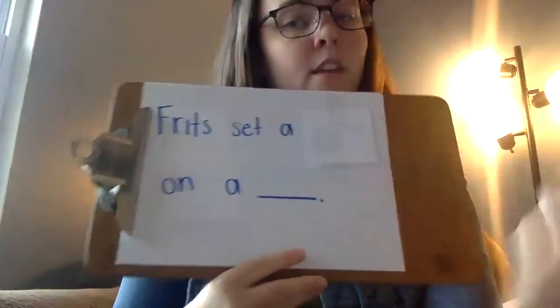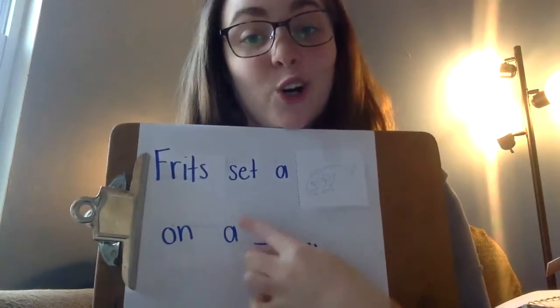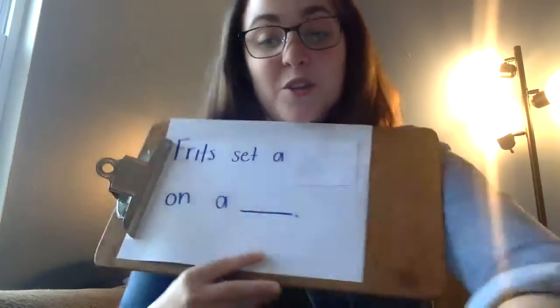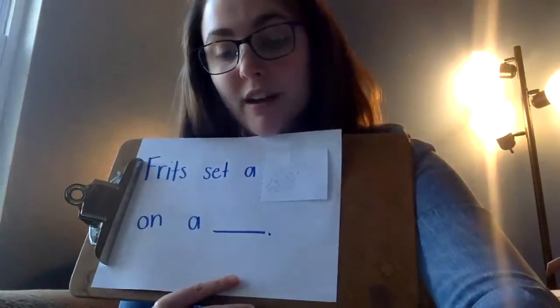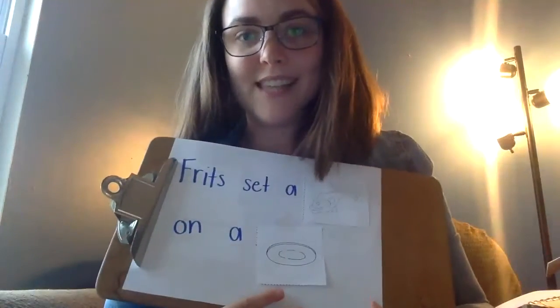I'm going to tape it on, and then we'll read it and figure out which one rhymes. Fritz set a fish on a dish. Dish was the one that rhymed with fish. So Fritz set a fish on a dish.